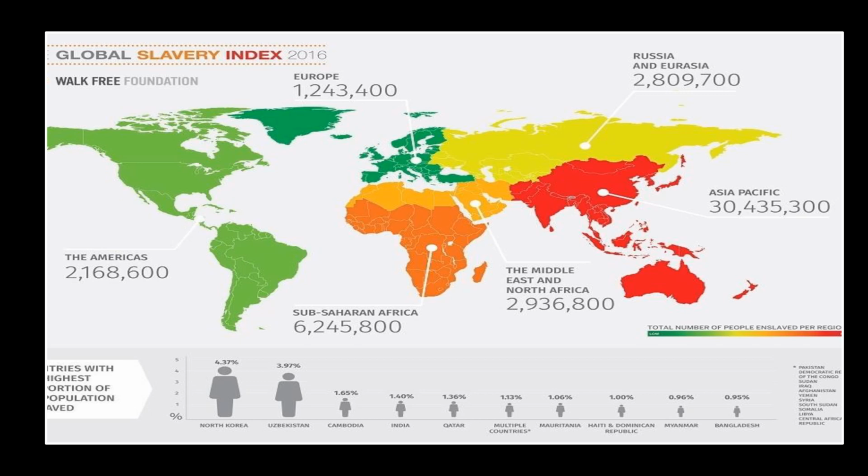This is from the Global Slavery Index, and this is 2016 numbers. You can see where the biggest population comes from and some of the numbers going around. You should be able to see that the Asian Pacific has the majority of the slavery population. And we're going to talk a little bit about why that is.